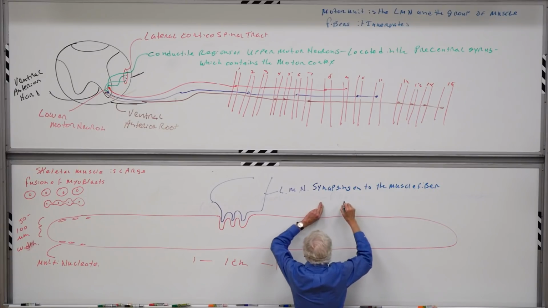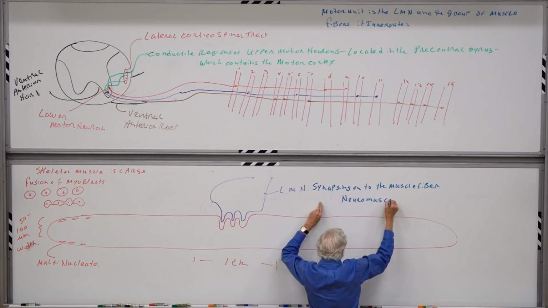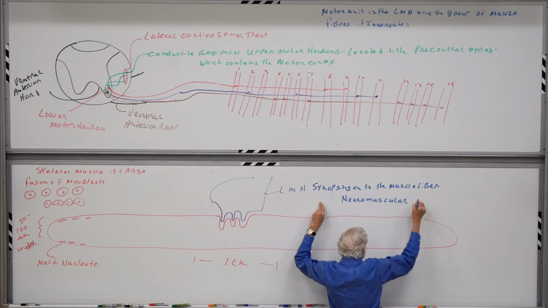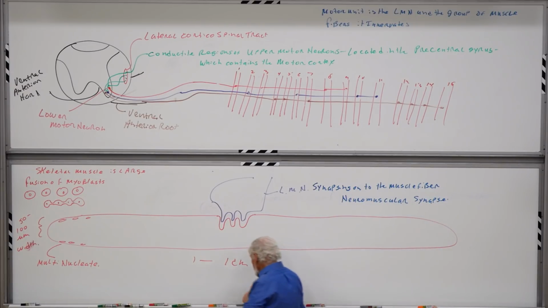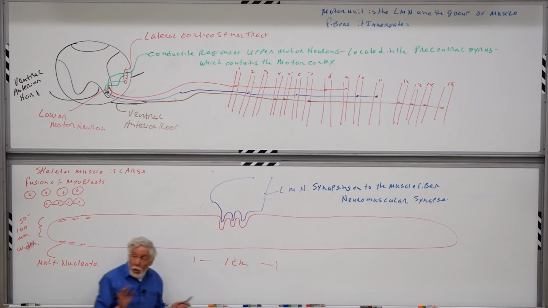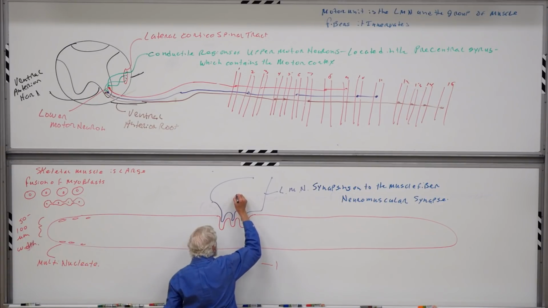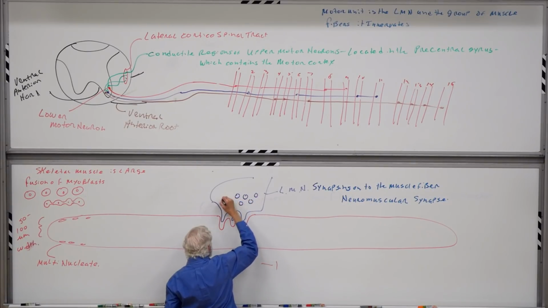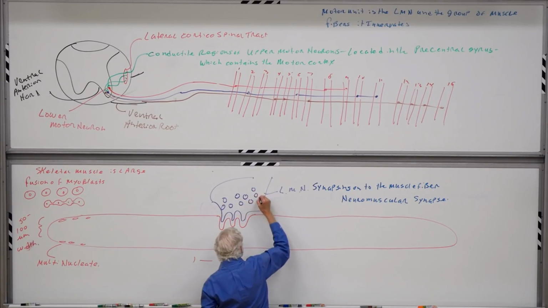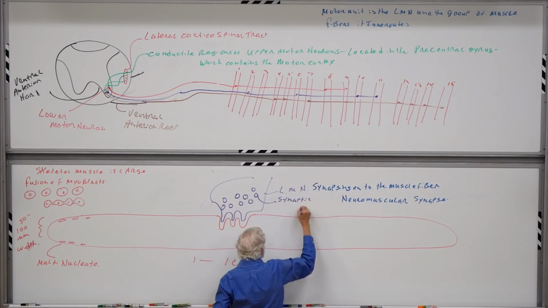This is said to be the neuromuscular synapse. Now, the rules for the neuromuscular synapse are identical to the ones we've described previously, in that this output region of the lower motor neuron in thin section in the electron microscope is filled with synaptic vesicles.